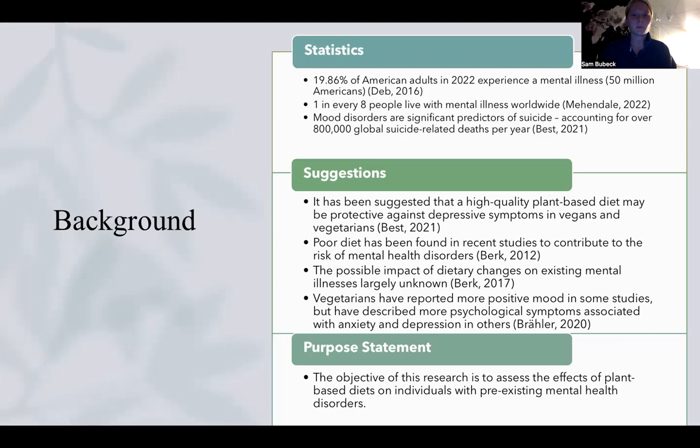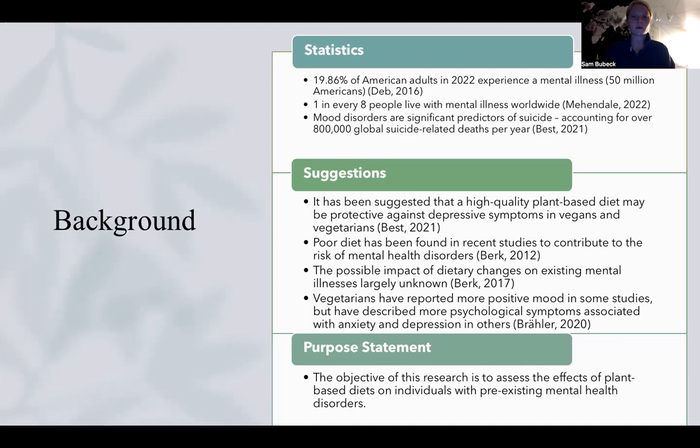In addition, one in every 8 people live with mental illness worldwide. So this is not something that we're only experiencing in the United States. This is something that people experience worldwide. It is prevalent and it is important to focus our research on.